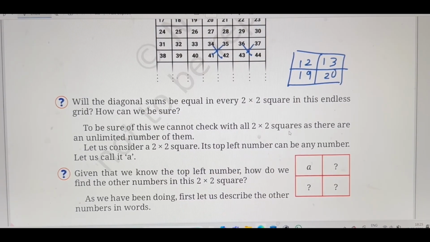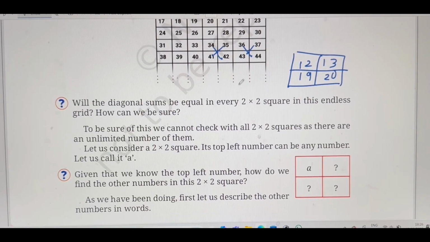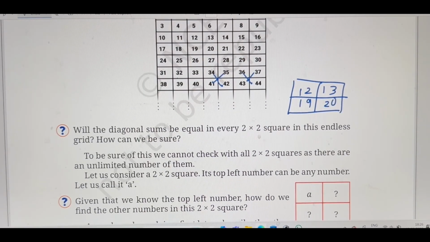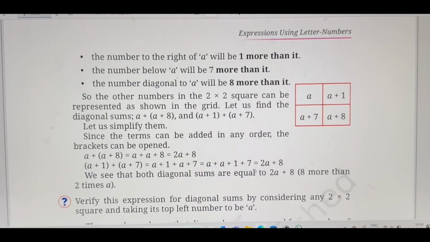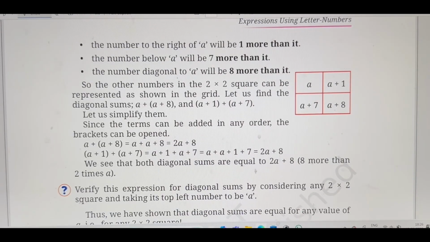So if we take one of the numbers as A and describe all the others based on that, we can form a formula. The number to the right is 1 more, so if we take this as A, this will be A plus 1, this is A plus 7, and this is A plus 8, right? So the other numbers in the 2 by 2 square can be represented as shown in the grid.